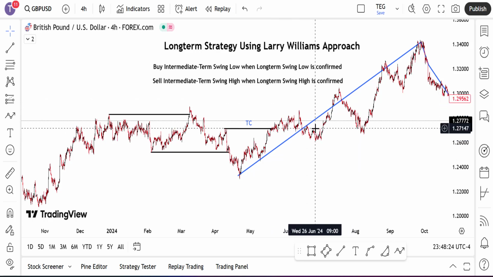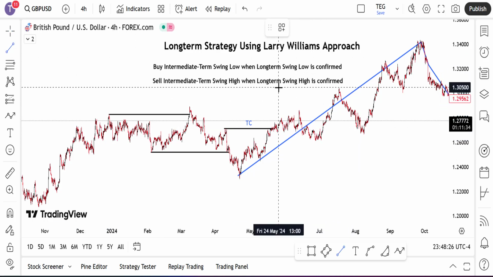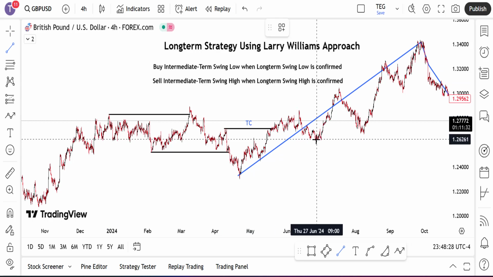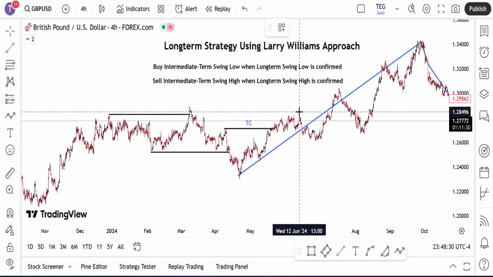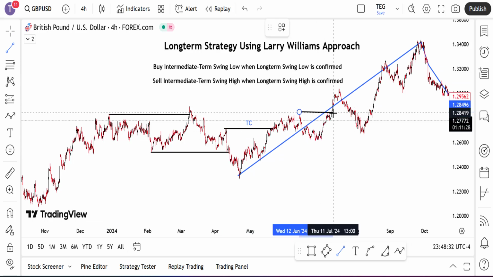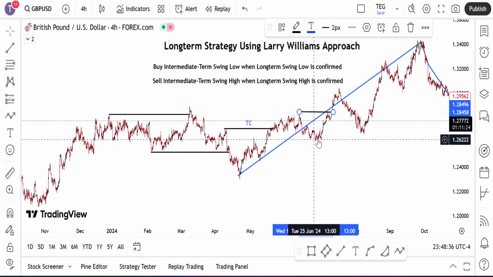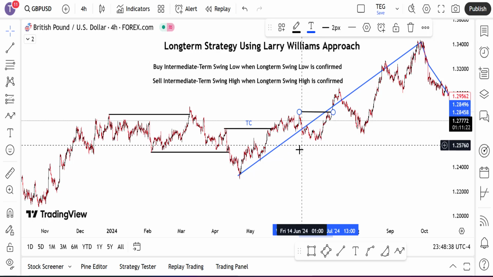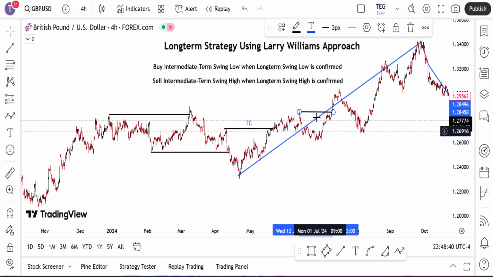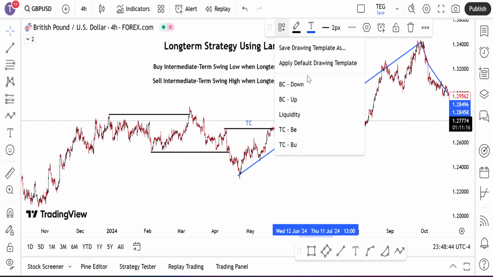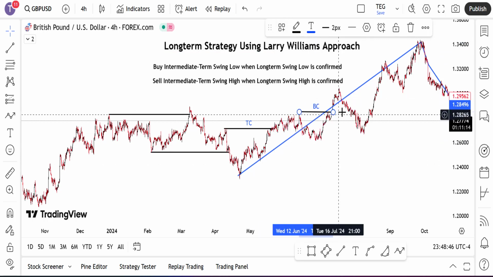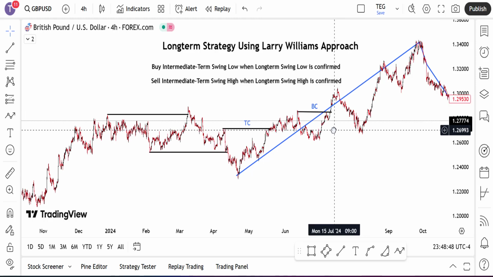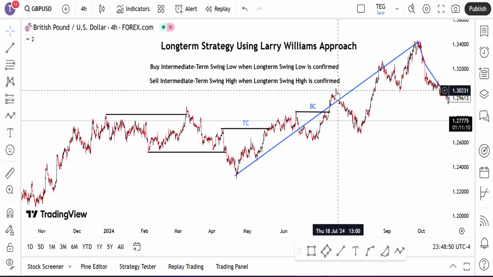So keep on buying. Remember, this is our intermittent swing lows. Remember I told you that when we have several short-term swing lows left and right, this is our intermittent swing lows. So this intermittent swing low becomes bullish, which is our bullish continuation pattern. After it formed the bullish continuation pattern, what happened?